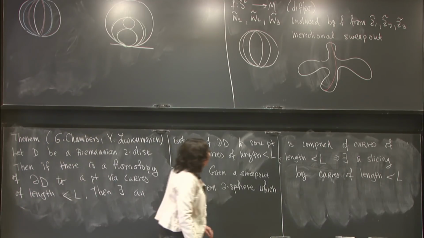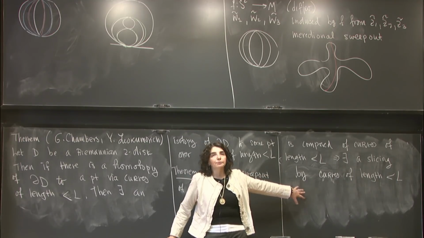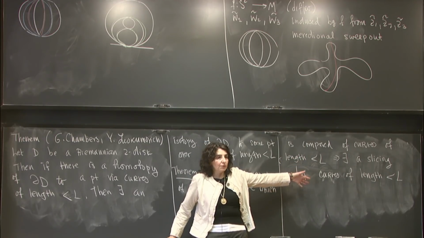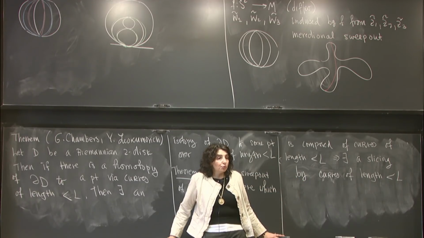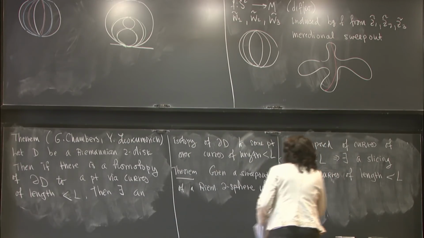So the idea being that if one can prove a similar result in dimension 3, then that would give a geometric proof of the Poincaré conjecture. Okay, so that's stage 1.